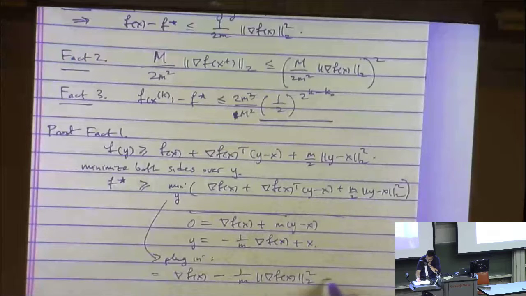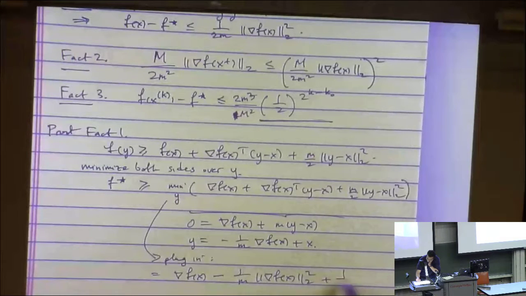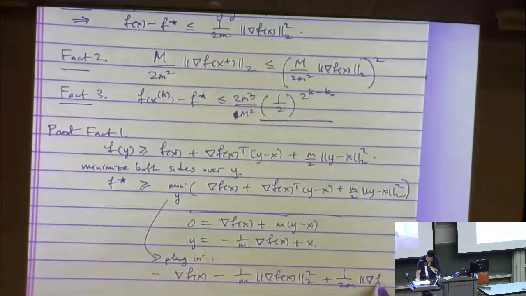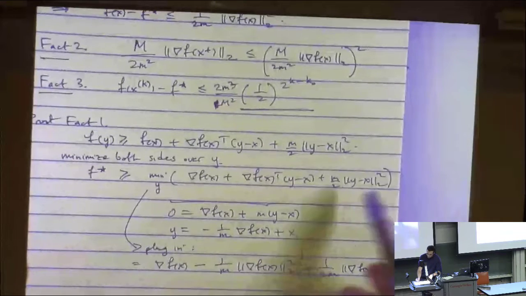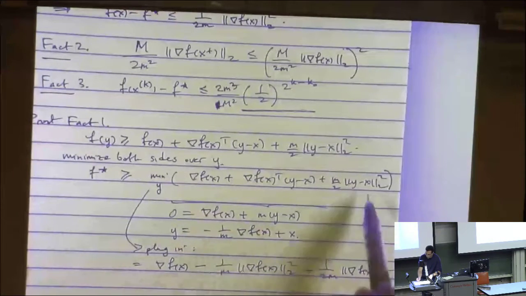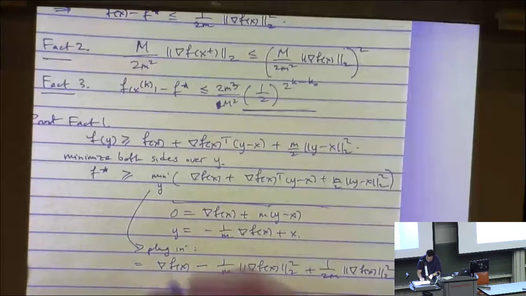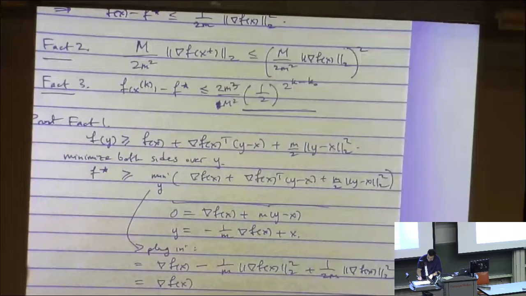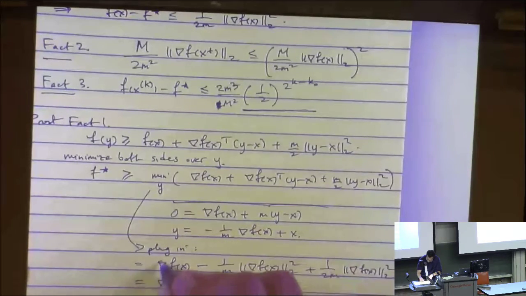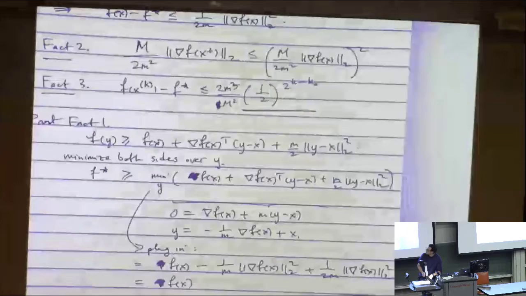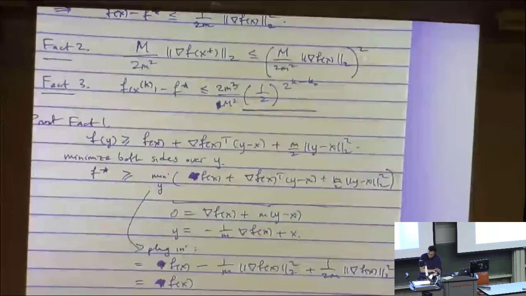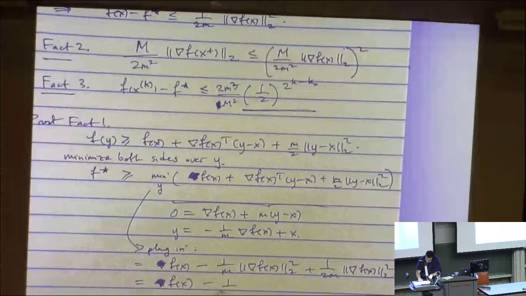And this is similar: this is going to be 1 over 2m times the norm of the gradient squared. That just comes from plugging in this value of y in the quadratic. I'm sorry, that first term was just supposed to be f of x. This is a typo everywhere. Just f of x minus 1 over 2m times the norm of the gradient squared.